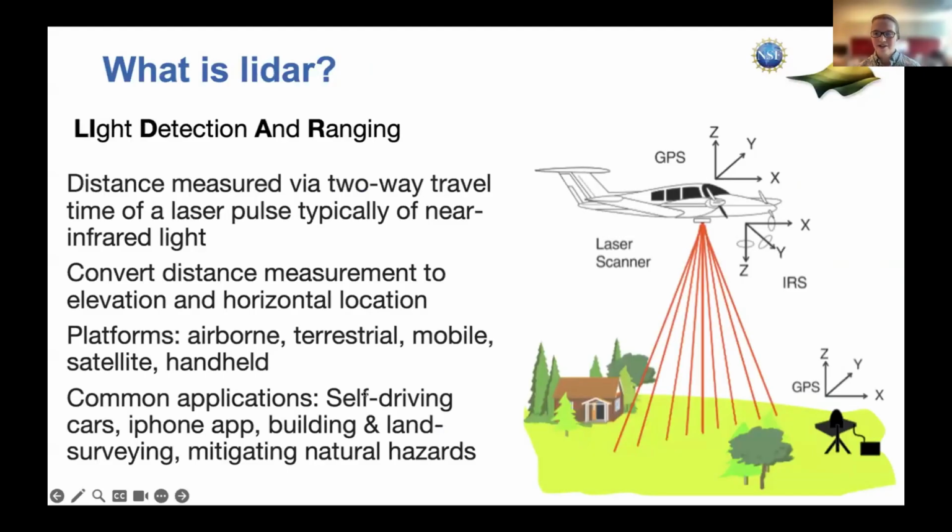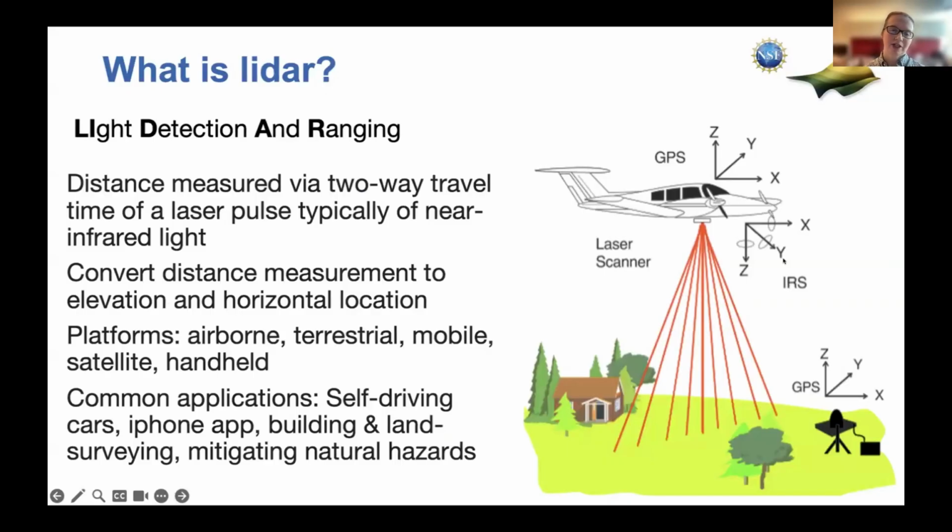So now we're going to get into the LiDAR, into the data that Open Topography hosts. Most of our data are LiDAR. And LiDAR stands for light detection and ranging. And there's an example of an airplane that is taking a LiDAR dataset with a laser scanner.